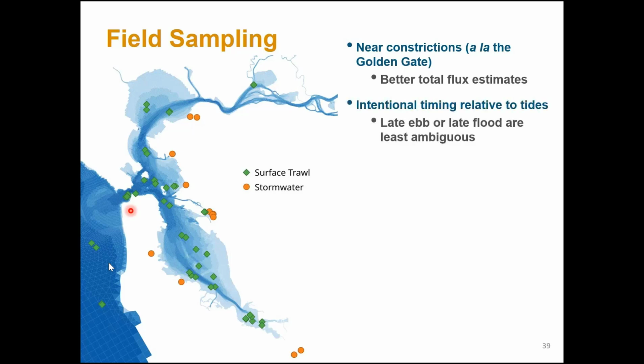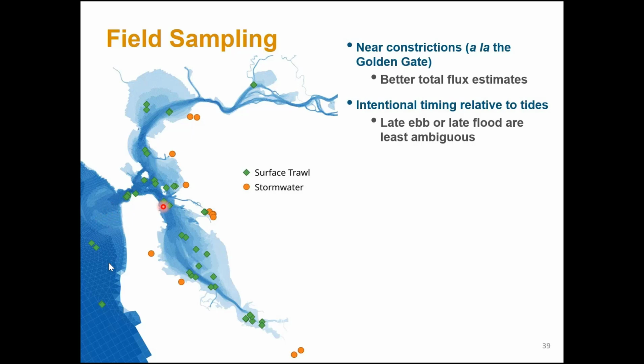Like Liz mentioned earlier, we also were intentional in timing the sampling. In particular, we felt like the middle of the ebb or the late ebb or the middle to late flood tides were ideal because they're the least ambiguous. If you sample close to slack or just into the beginning of a tidal phase, you may not be sure whether you're sampling water that was on its way out from the bay into the coastal ocean, or water that is just beginning to come back in.